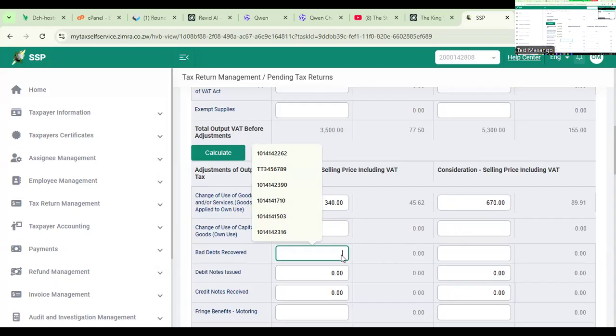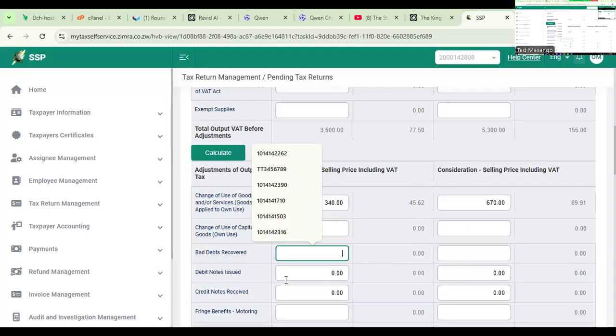But when you are doing your income tax return, if you prove that certain debts are no longer recoverable, you can claim them as expenses. But now, on the VAT return, once you recover those bad debts, because a debt may seem to be unrecoverable but later on the client is able to pay, once you recover those debts, you are supposed to put those figures here so that you pay back the VAT.